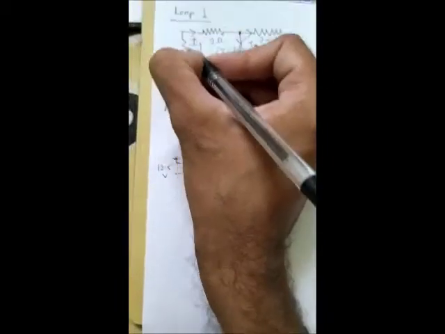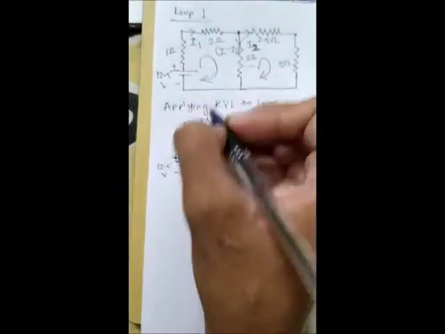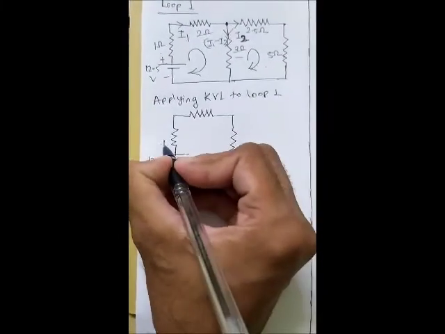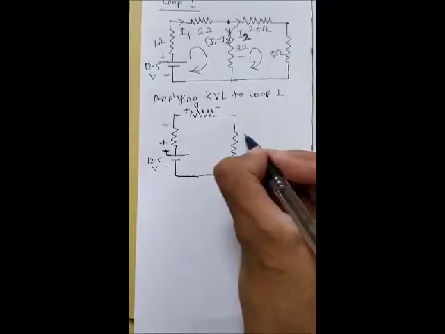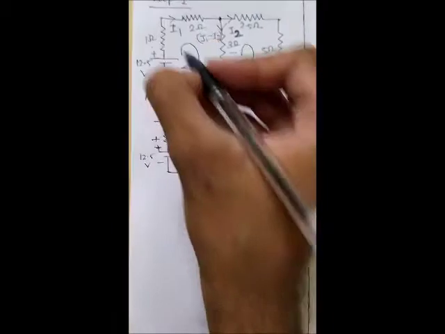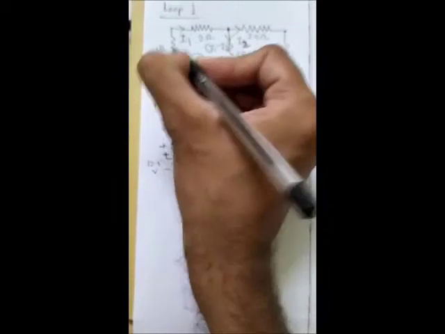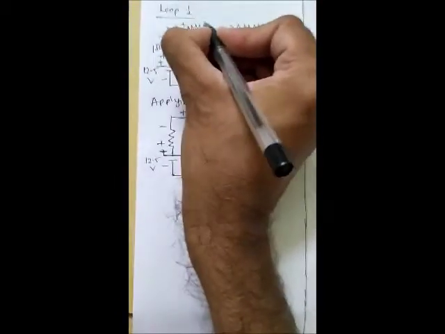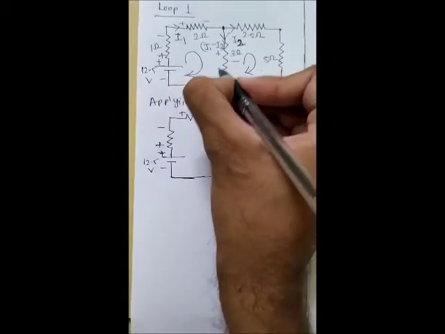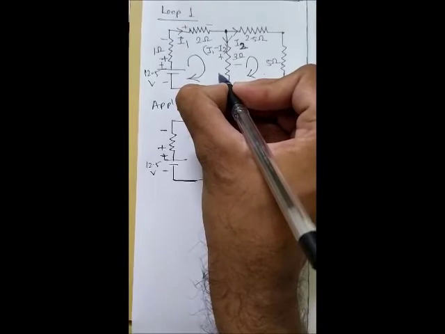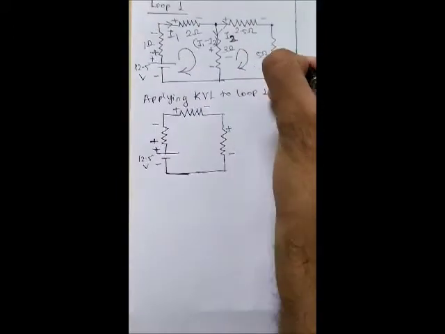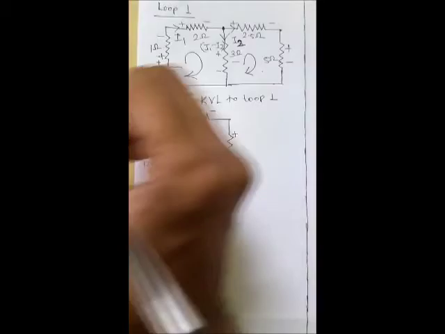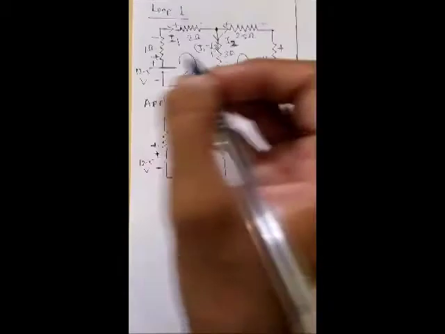Now here it is important to mention the polarity of the resistances. So this is plus, this is minus, this is plus, minus, this is plus, minus. I will also mention here plus, minus, plus, minus, plus, minus, plus, minus, plus, minus. Okay.